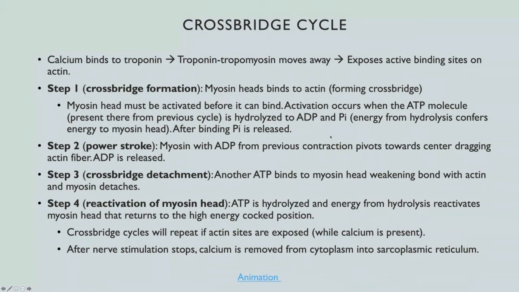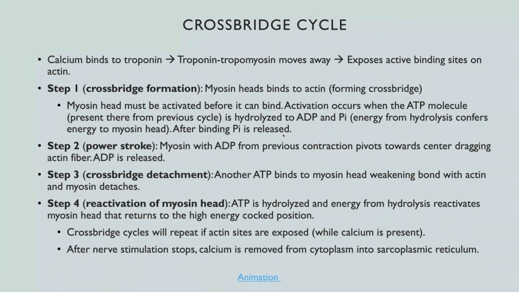The energy from that hydrolysis will be kept in the myosin head after the phosphate is released. So let's picture the situation: the myosin head is activated from the previous contraction, holding a lot of potential energy.